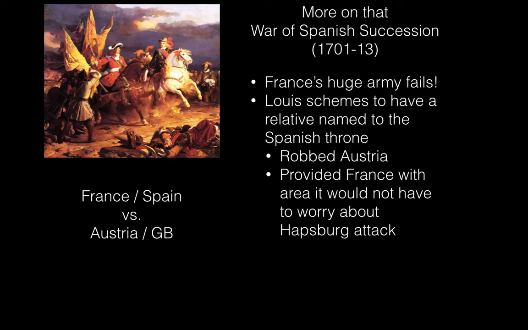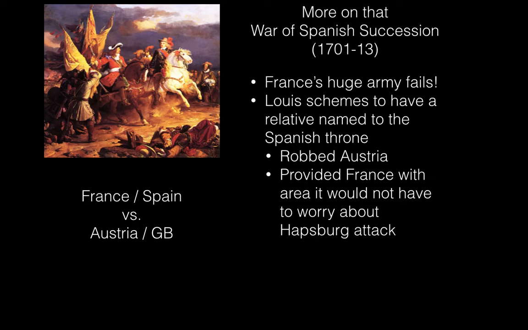So Louis plots to have one of his own relatives named to the Spanish throne. Now this robs Austria of a throne that she believed belonged to their family tree, the Habsburgs, and would have secured peace along with France. It's an area he doesn't have to worry about being attacked from, if he is successful doing this.